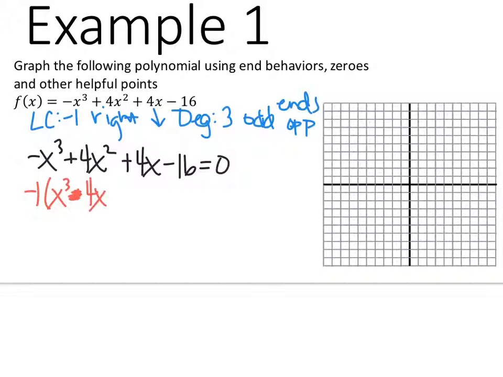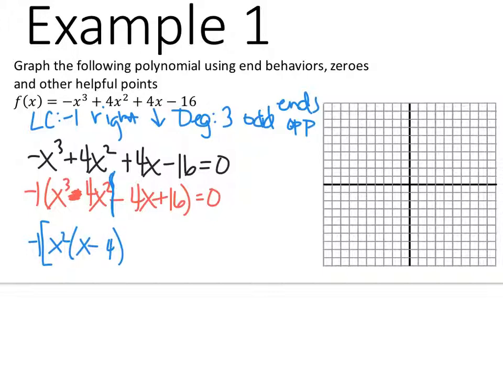That should be a minus 4x squared minus 4x plus 16. So I'm going to split it in half. My first 2 terms have x squared in common, so that leaves me with x minus 4. My last 2 terms, I can pull a negative 4 out, so that also leaves me with x minus 4. So this can be solved through factoring.